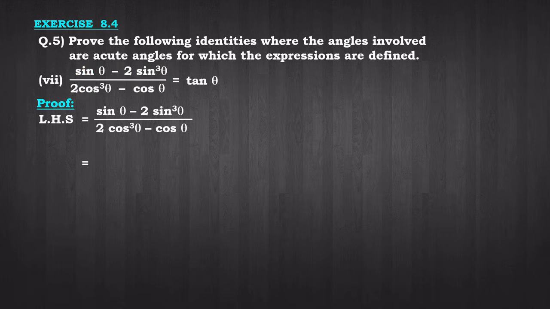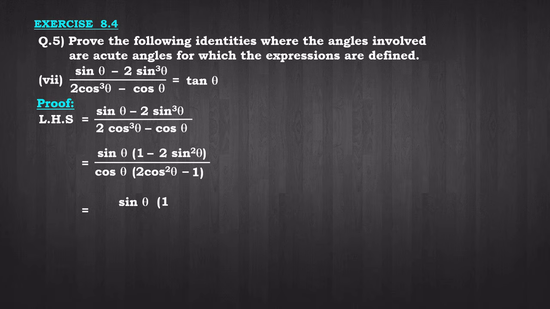We get sine theta multiplied by (1 minus 2 sine squared theta). Now take cosine theta as the common factor from the denominator. We get cosine theta multiplied by (2 cosine squared theta minus 1). Next, use the identity: cosine squared theta is equal to 1 minus sine squared theta.